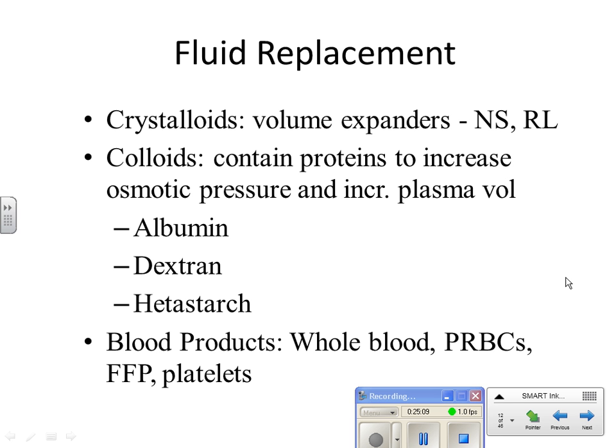We're going to give colloids. They're IV fluids that will help to increase the pressure and expand the blood volume. So albumin, dextran, and hetastarch are all things that we might give that patient to expand their blood volume. Or we can give them blood products.